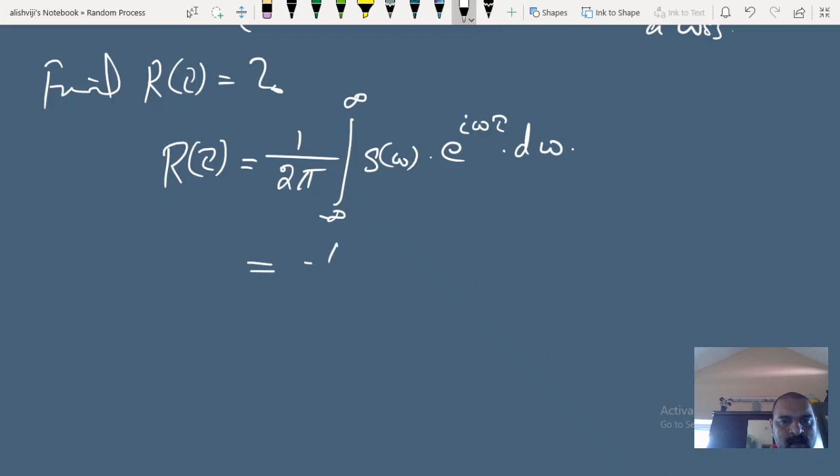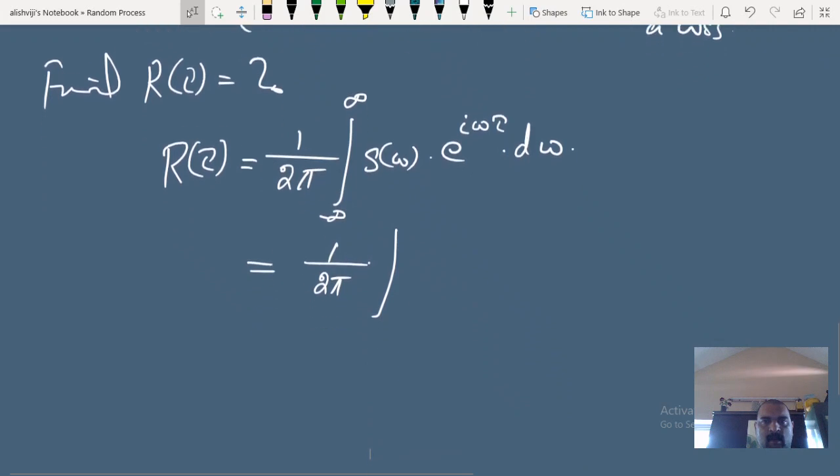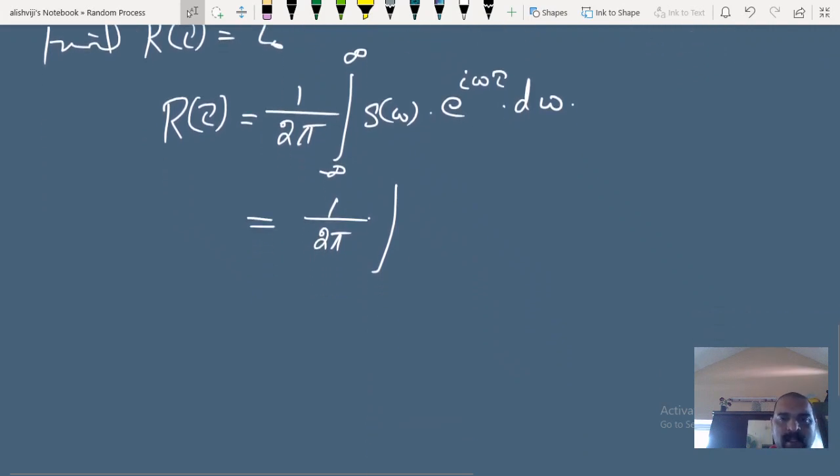And now that's equal to 1 by 2 pi into, the value of S omega is 1 within the interval mod omega less than omega naught and equal to 0 otherwise. So it has non-zero value only in the interval mod omega less than omega naught. So from minus omega naught to plus omega naught, the value of our spectrum is 1. Then e raised I omega tau d omega.